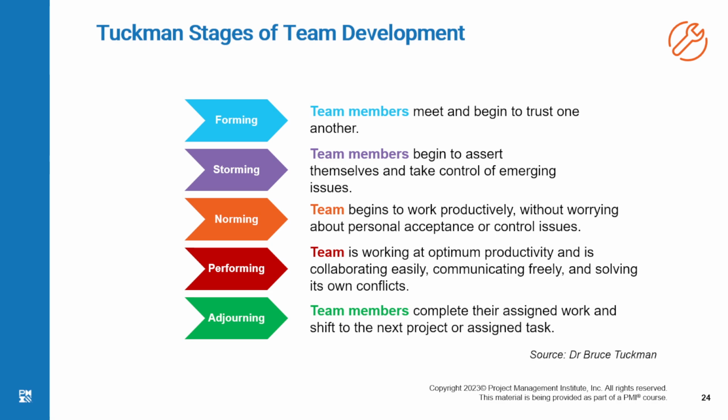Also, use the Tuckman ladder as a tool to sense which stage the team is at, based on the characteristics of the team members. And then you will know what to do to move them to the next level, especially if they are in the storming and forming stages. You want to move them to the next stages as soon as possible. The best stage is the performing stage, where the team is working well together.